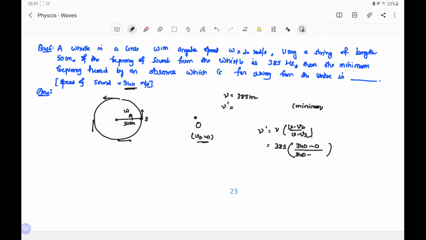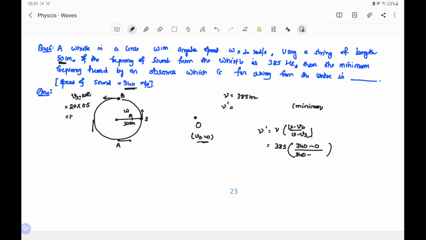To this, there are two cases, one is A and another is B. In case of B, the speed of the rotation, that means it is the speed of source, is equal to omega r. This is the linear velocity related with the angular velocity. Omega is given 20 radian per second and radius is given 50 centimeter, that is 0.5 meter.